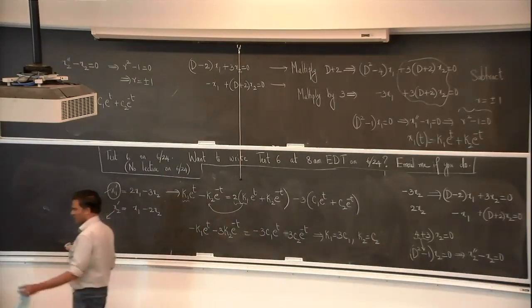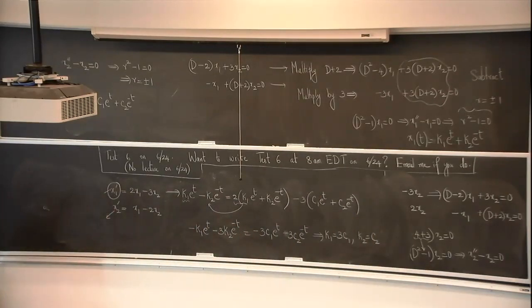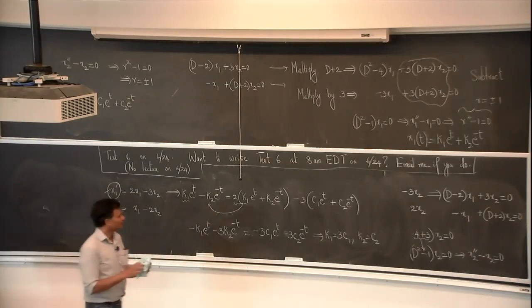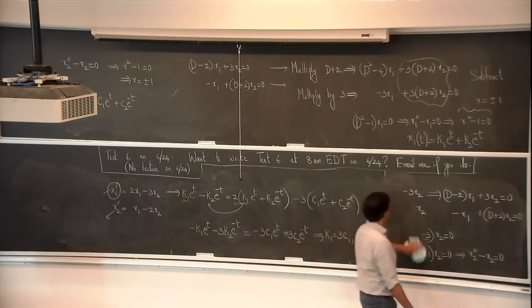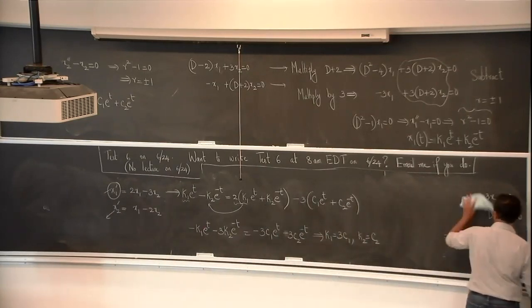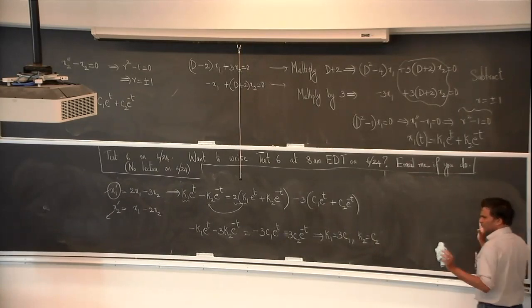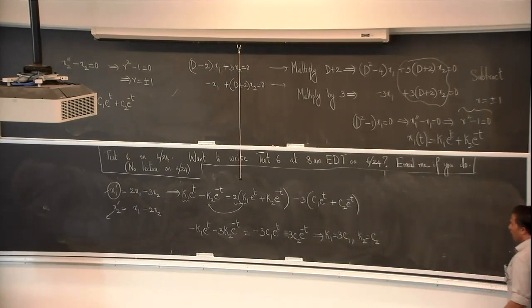Hope I didn't make any mistakes, so let me just double check. K1, yep. You can see it's a lot of work, even for a 2x2 system without a lot of fancy things going on. You don't want to do all that stuff.